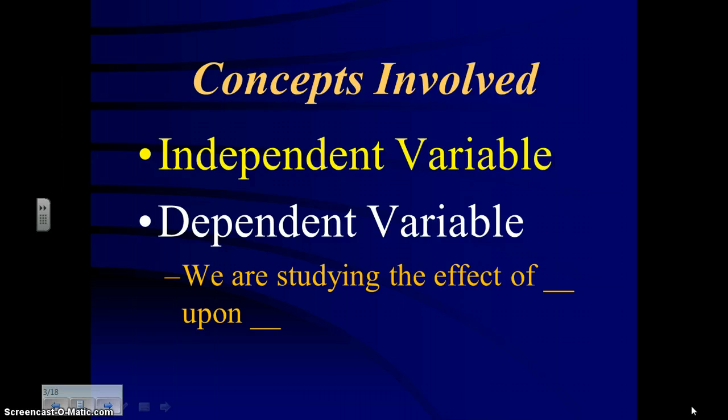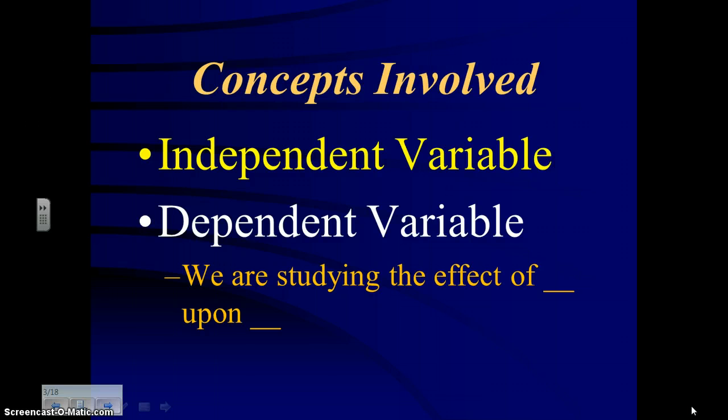Now, a lot of people have trouble finding the independent and the dependent variable, and my secret to success on this is a little statement. If you can fill in the blanks of the statement, we are studying the effect of blank upon blank. Let me read that hypothesis again: older people enjoy life more than younger people.